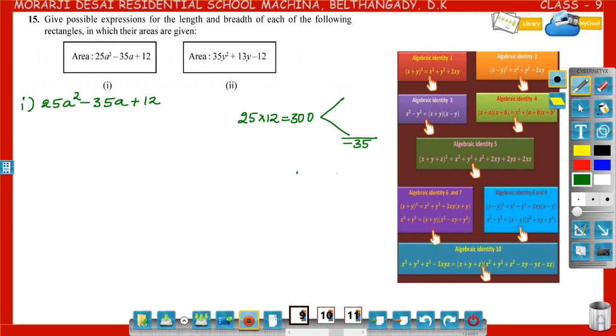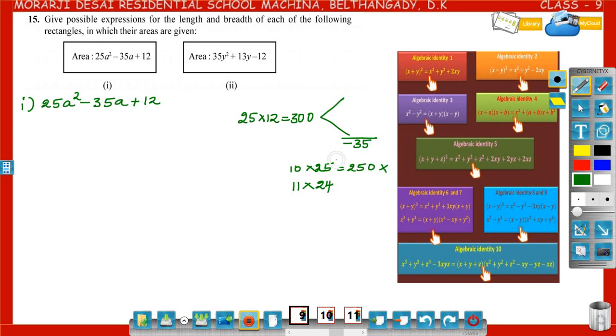See here. Now if I take 10 and 25, the sum is 35, but 25 into 10 is 250. That is not possible. Then if I take 11, then I have to take 24, but it is not possible because 4 ones are 4.